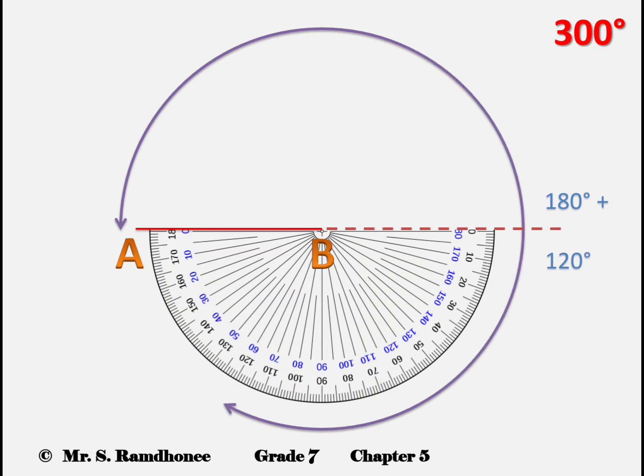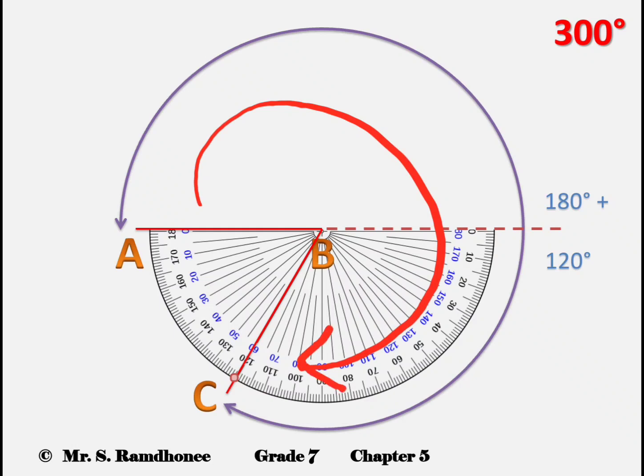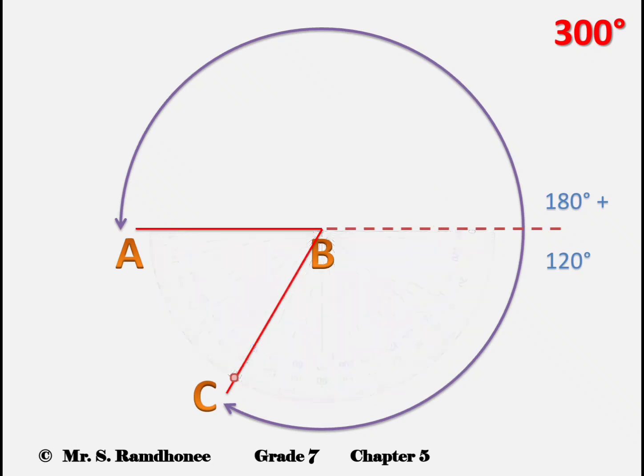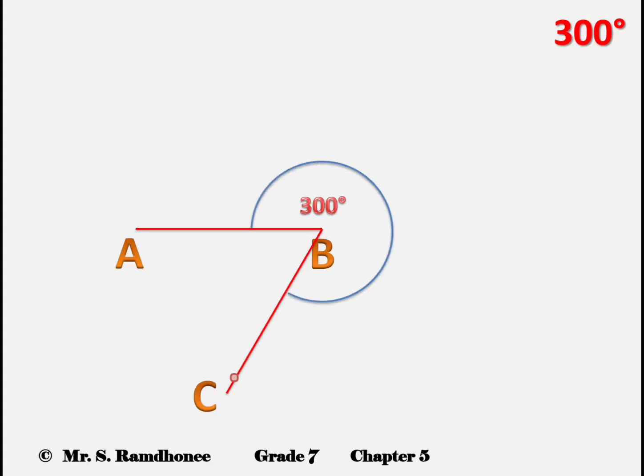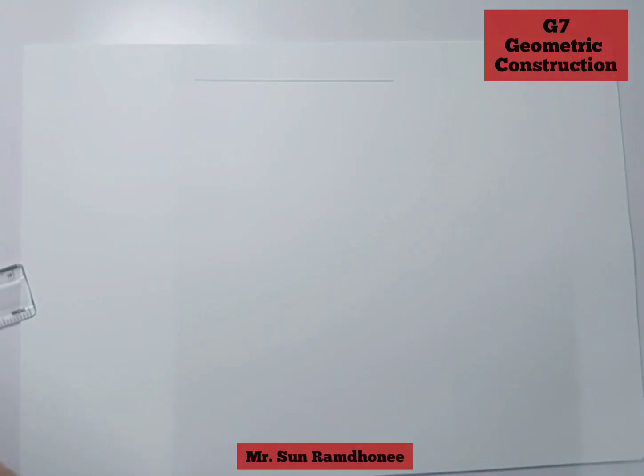So from this point we are going to measure 120 degrees. We put a dot at 120 after moving from this point up to here in the clockwise direction, and this would be 300 degrees. So now we can move to the demonstration video where other angles have been explained on how to draw them.